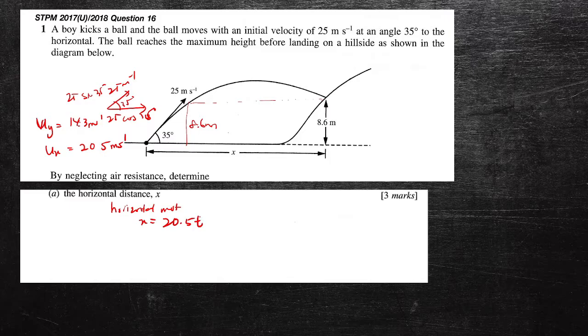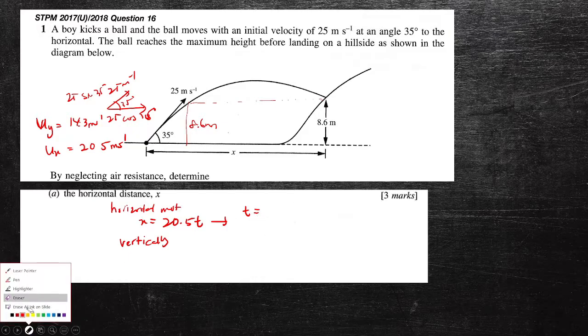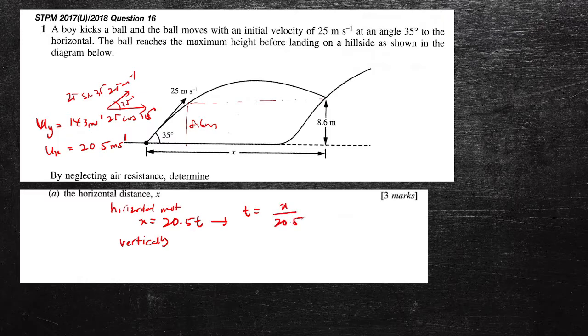Okay, so vertically, I can use that t equals to x divided by 20.5. Or see, another way around, it should be t equals to x divided by 20.5. The earlier one is not the real one.